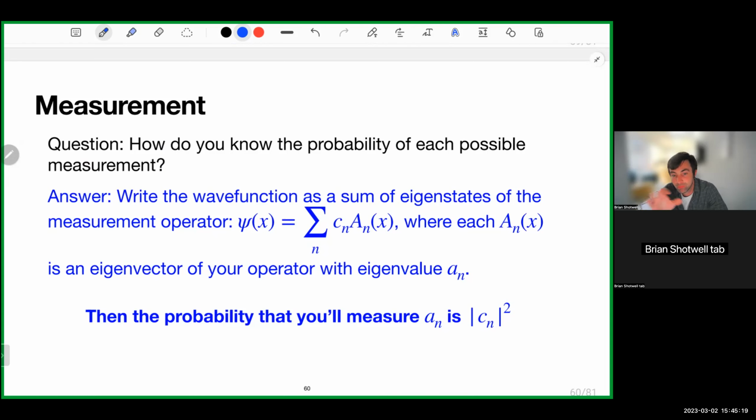There's a lot of math behind this. The fact that for every measurement operator you can write this way, you can take any nice enough wave function and write it as a sum of eigenstates times some constants, is related to some special properties of your measurement operator. It has to be a Hermitian operator.